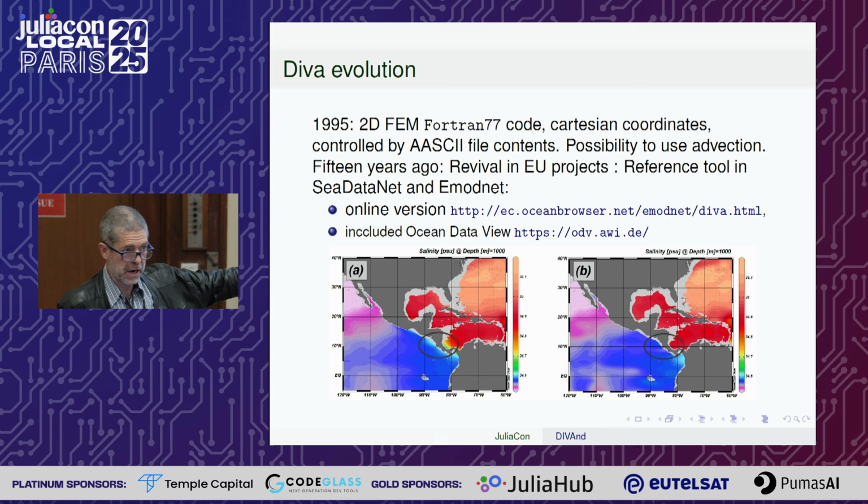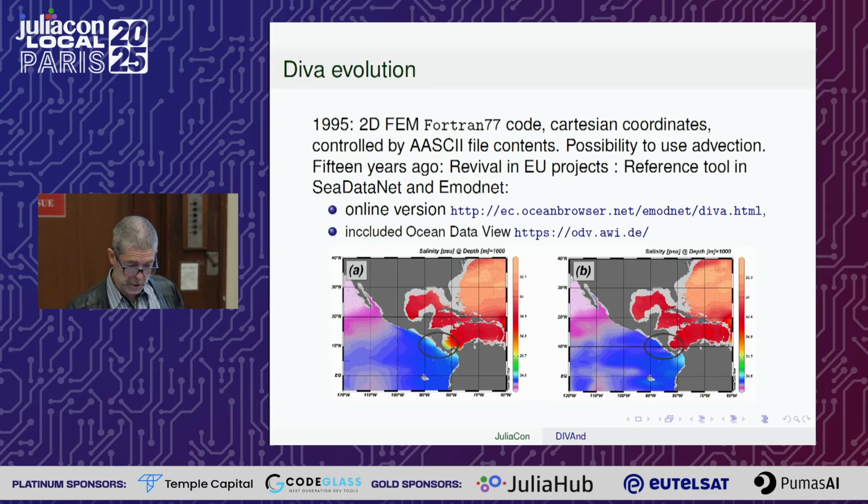So it went on a shelf because it was difficult to maintain, but still, we were involved in quite some EU projects where we needed to make data interpolation, and it was revived and used in several projects. We added some features, and particularly it was coupled to Ocean Data View, which is a software to manipulate ocean data, which is very often used, and it was put inside ODV as an interpolation software.